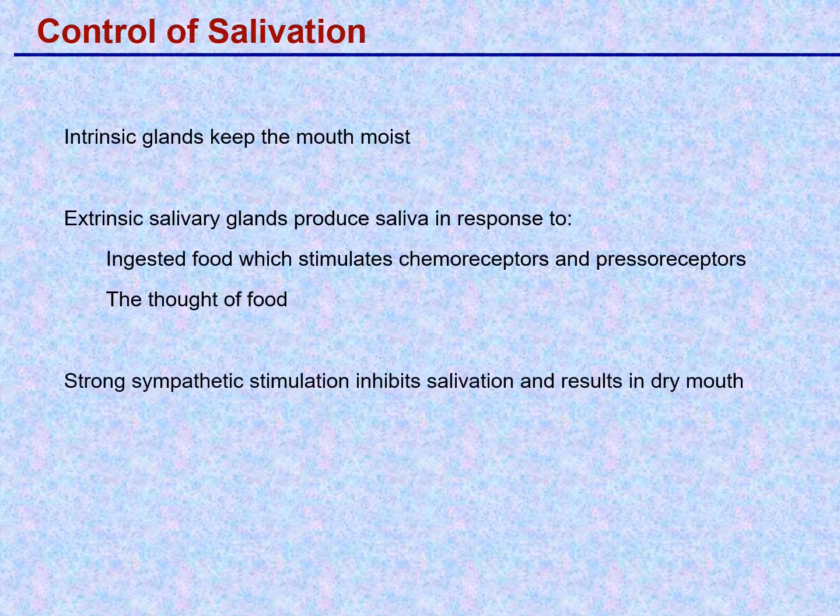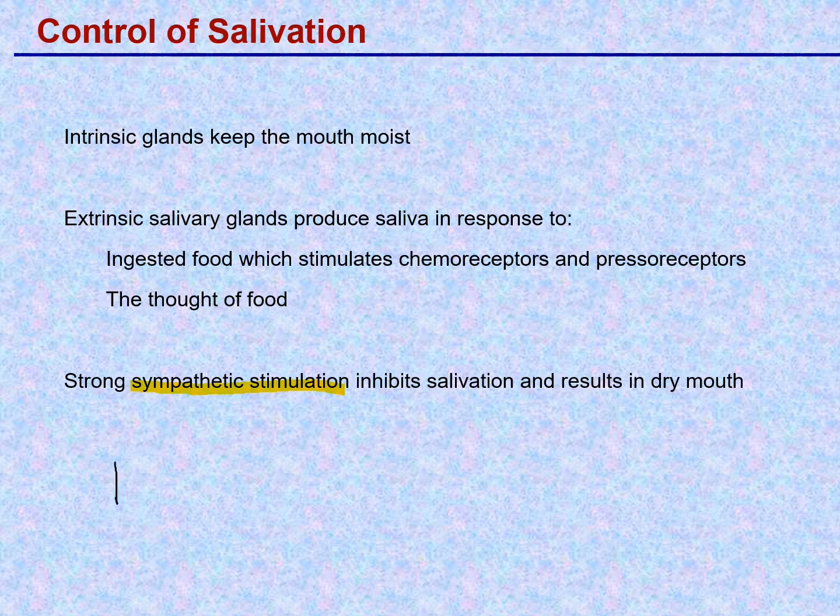Control of salivation is interesting. Very strong sympathetic stimulation will inhibit salivation. You need to be able to understand what sympathetic stimulation is. There are two types of stimulation that can occur, sympathetic and parasympathetic. I'm going to write that out for you.